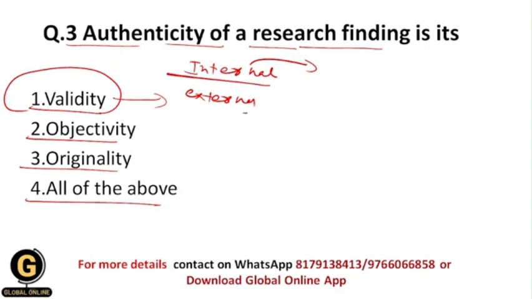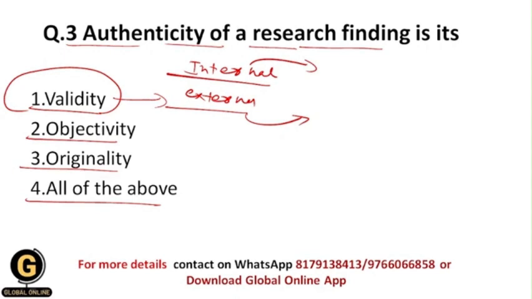And within the external validity, it means to how much extent our results of the research we can generalize to the other situations. Okay, to what extent basically we can generalize the results of our research to the other situations. So exactly the meaning of validity, what is that?